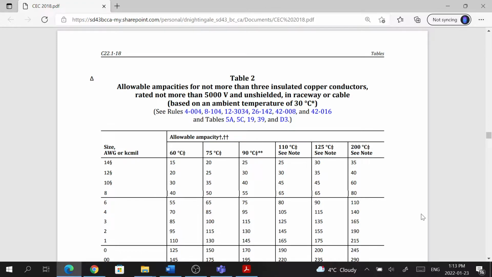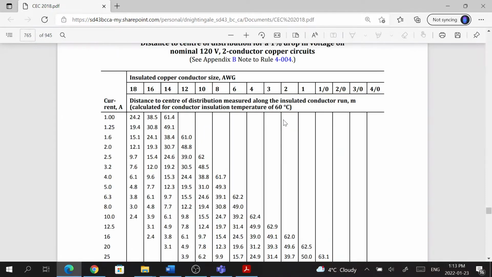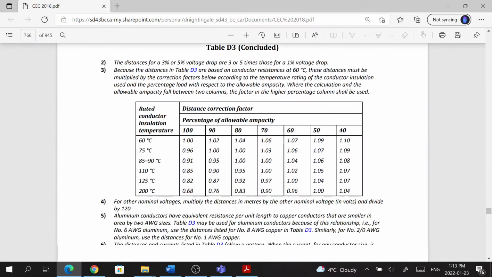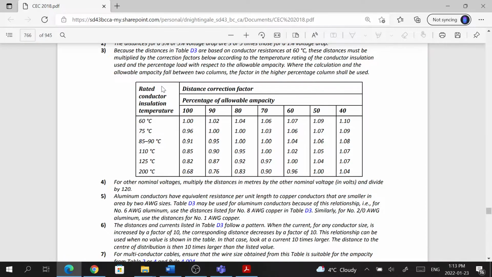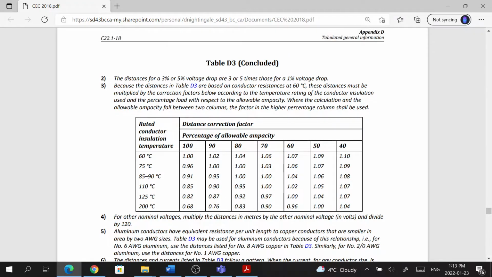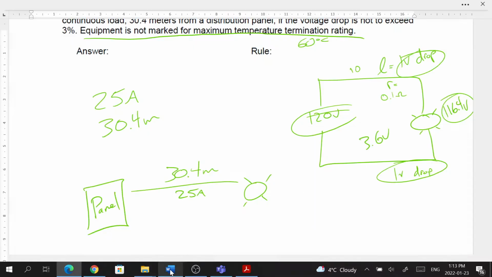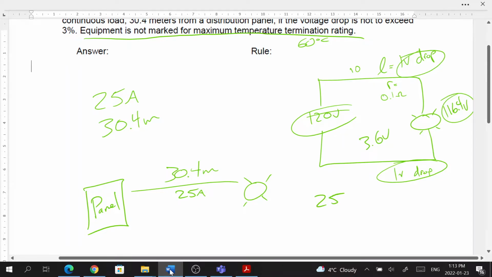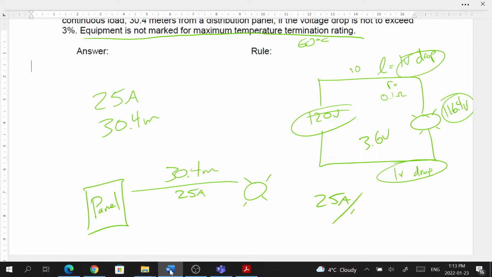So if we go back to our formula here, or subrule note 3 on that particular table, we're going to take our 25 amps that we need in that circuit and divide it by 40 amps, which is what number 8 is capable of carrying, and that's going to give us a percentage.